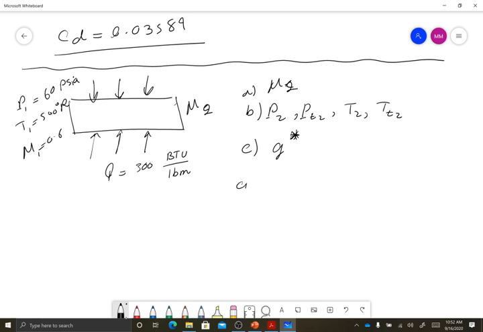We can assume CP is 0.24 BTU per pound mass degrees Rankine, and gamma is 1.4.